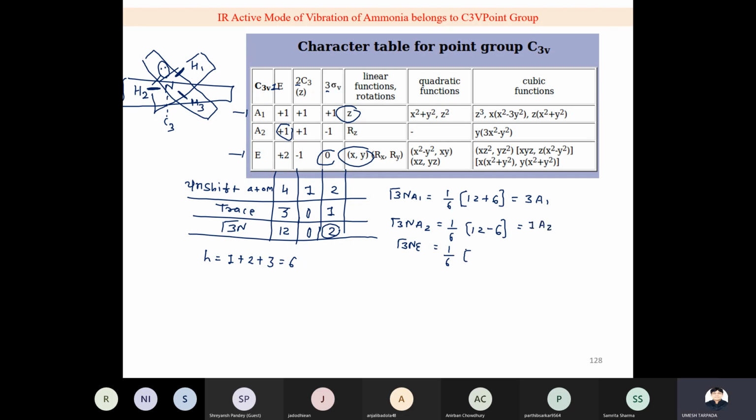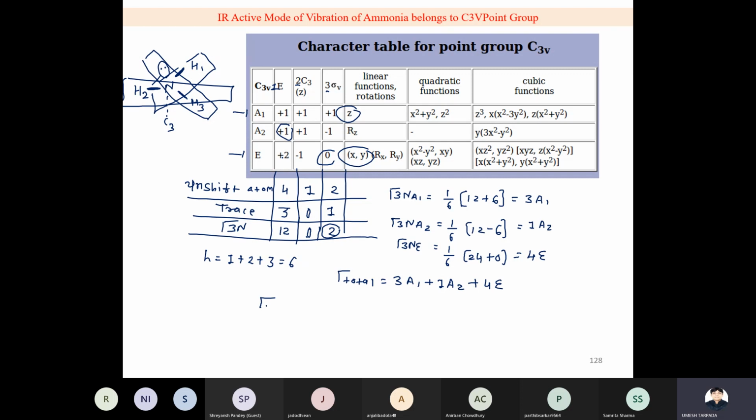What about E? 12 into 2 into 1, that is 24. Plus 0 into anything is 0, 2 into 0 again is 0. So 24 by 6, that is 4E. So the total modes are 3A1 plus 1A2 plus 4E.